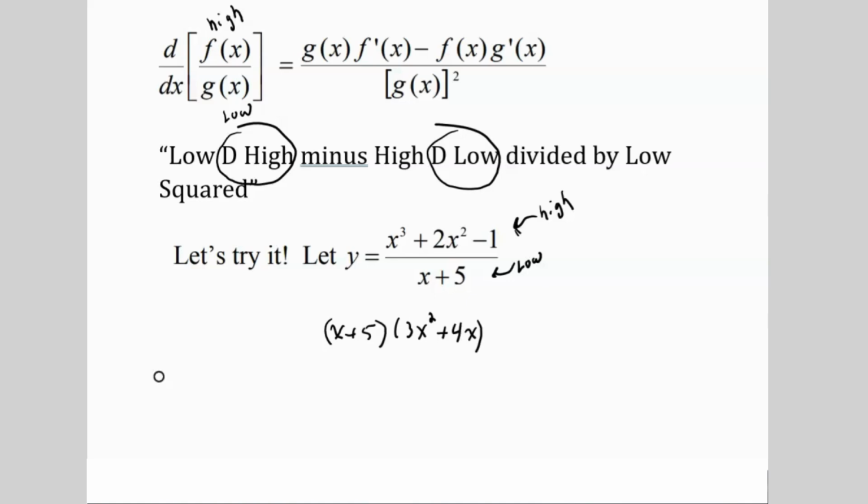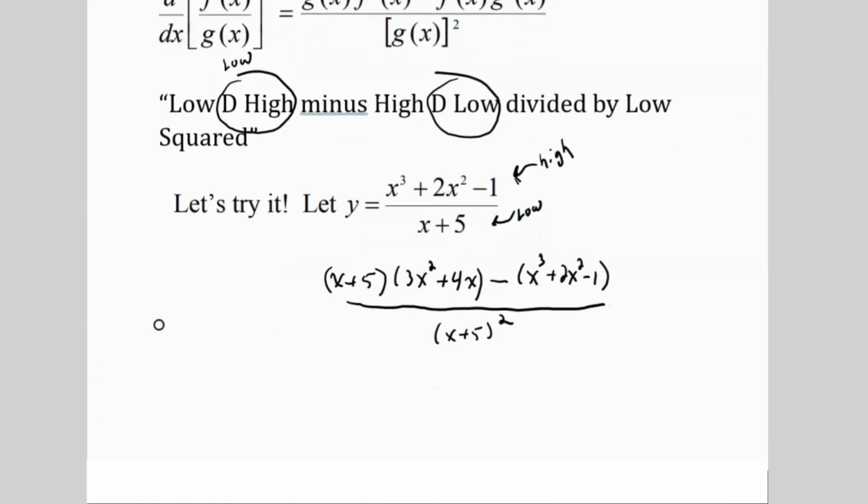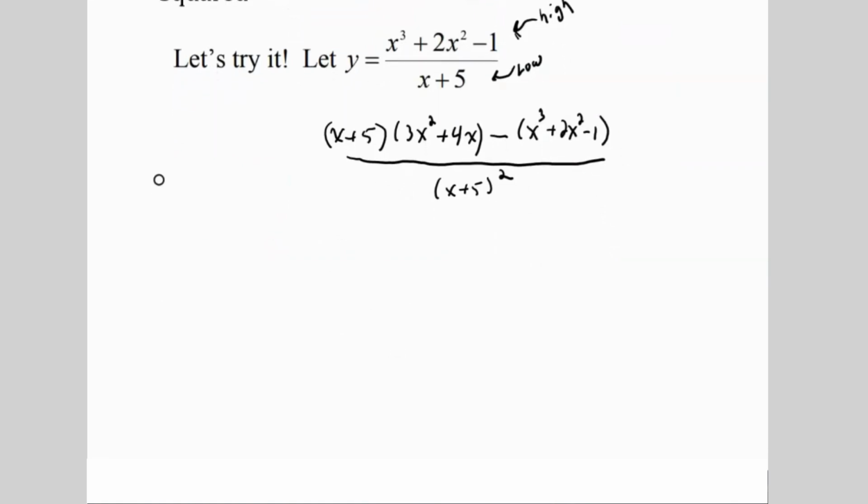Minus high. So the high function is x cubed plus 2x squared minus 1 times d low. Well, the derivative of the low function is 1, so we just have times 1, so I'm not going to write anything there. All divided by low squared, so we have the low function x plus 5 squared. Now what you want to do is simplify the numerator.